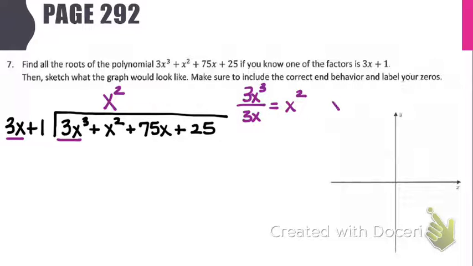And now take that x squared and multiply it by the 3x plus 1. And you line that up over here.